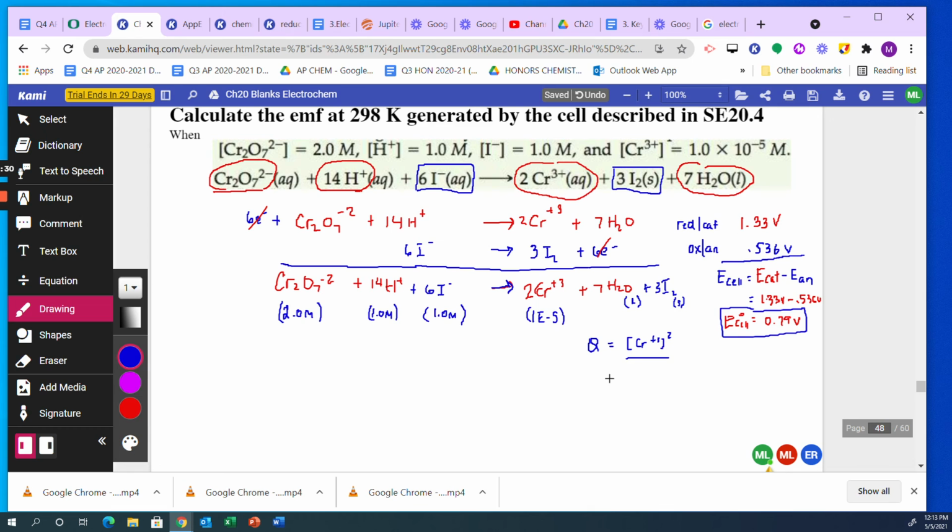And then here, Cr2O7 2 minus, molarity of that, H plus to the 14th power, that's kind of big, and I minus to the 6th power. Okay, plugging in the numbers, I got 2.0 squared over 1.